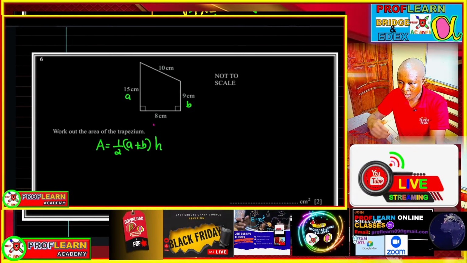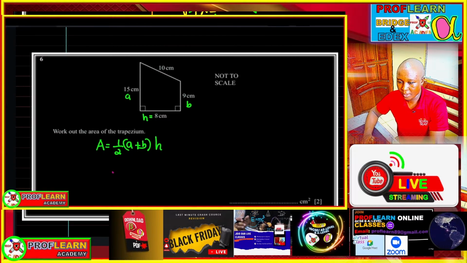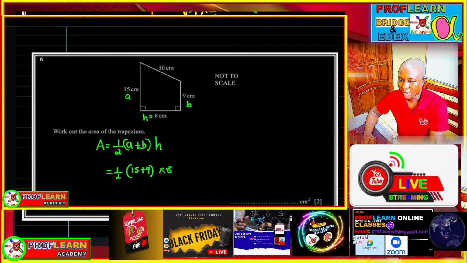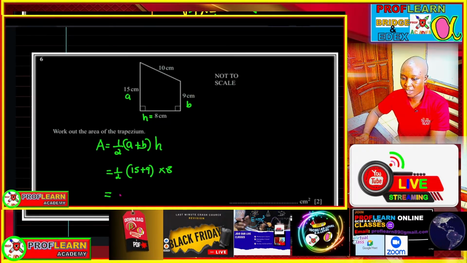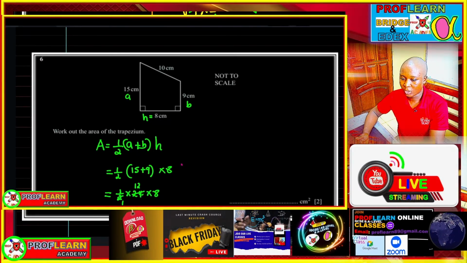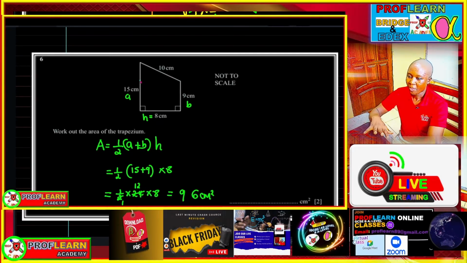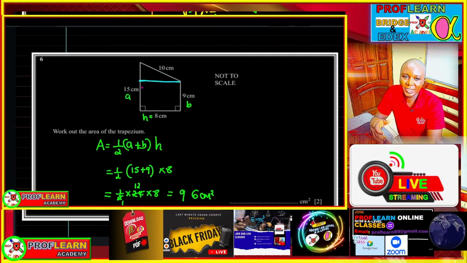Then we can say this is going to be a half into 15 plus 9, then times 8, which is the height. Then you can see we are going to have 24, isn't it? Half times 24 times 8, 2 can go into 24 12 times, and 12 times 8 is going to translate to 96 centimeter square. So that's some of the candidates who thought that way.